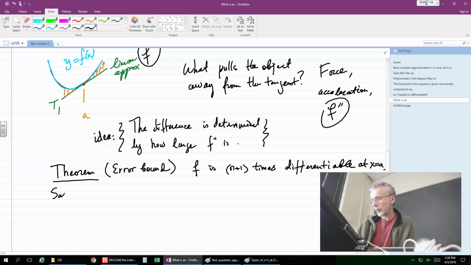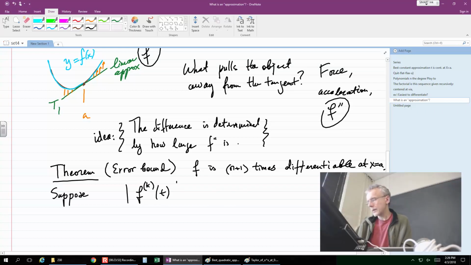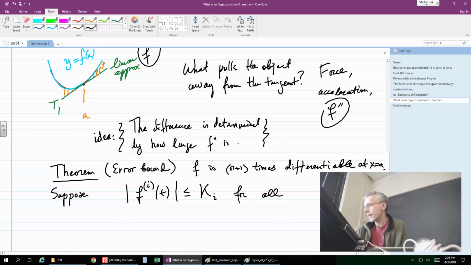So we also suppose that we have this inequality: the ith derivative is less than or equal to this number k sub i, for all t between a and x.